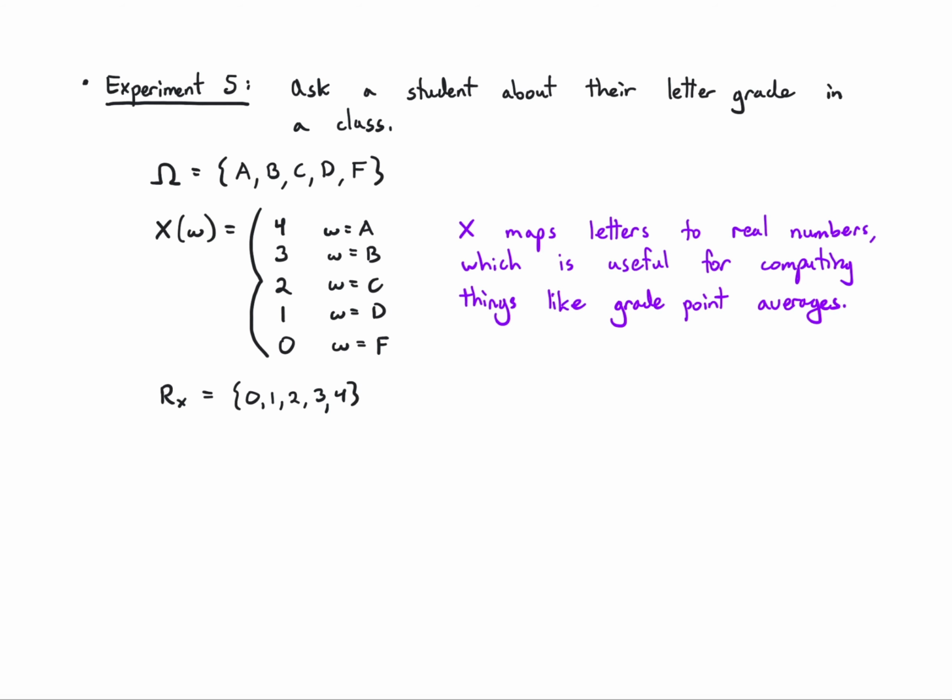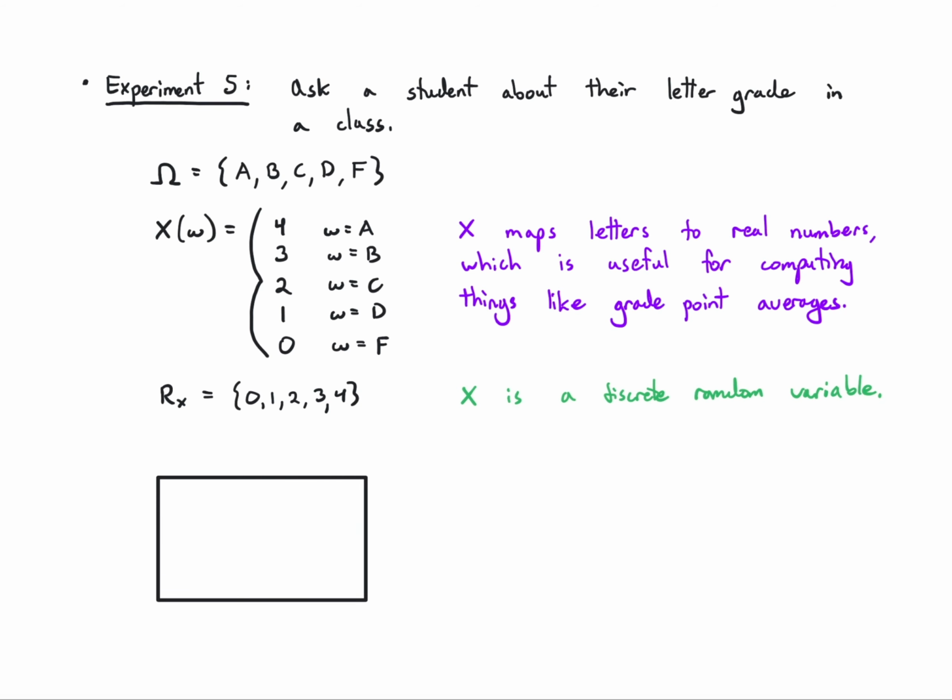I did not average together letters. So this mapping from letters to numbers is enabling us to do things that are a little more interesting, like averaging. Again, x is a discrete random variable. The range is a finite list. And let's just visualize finally what this looks like in terms of a mapping so we can get something a bit more concrete.